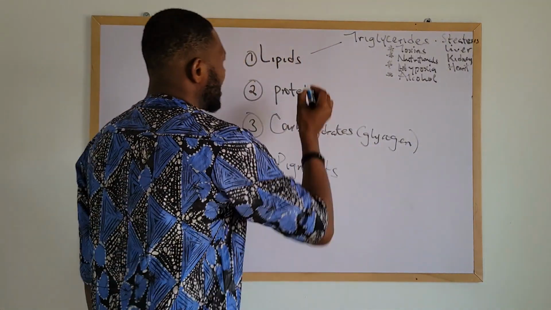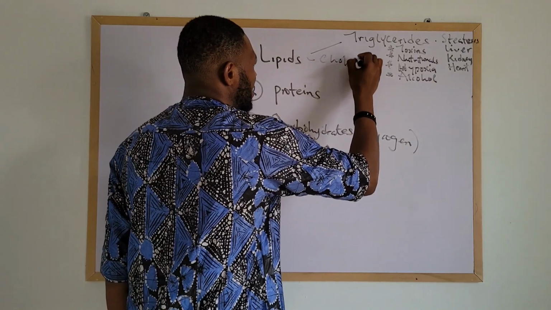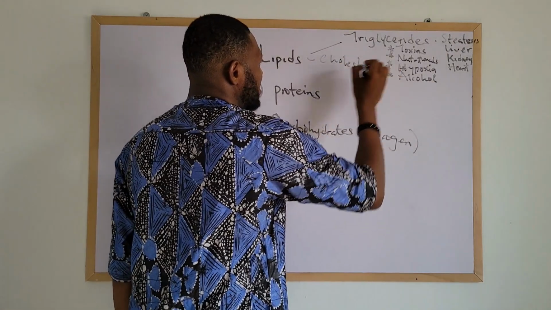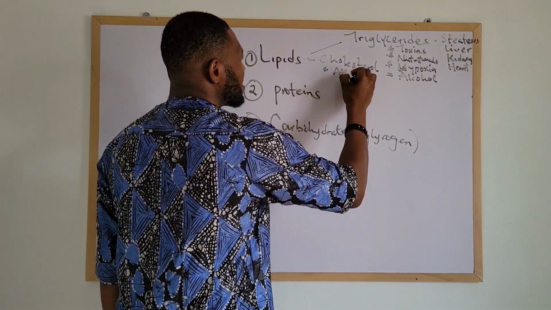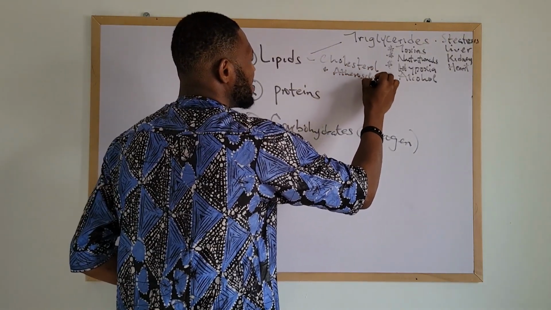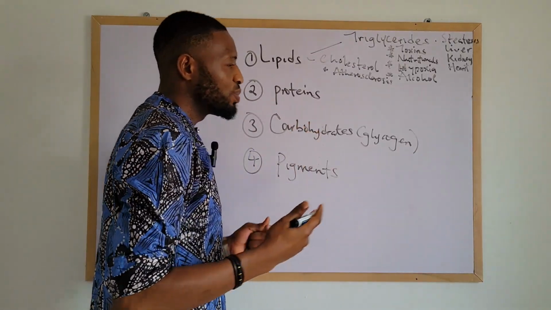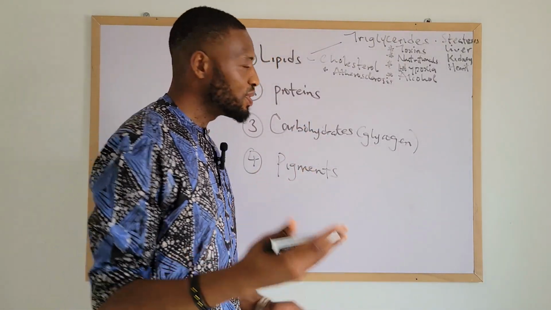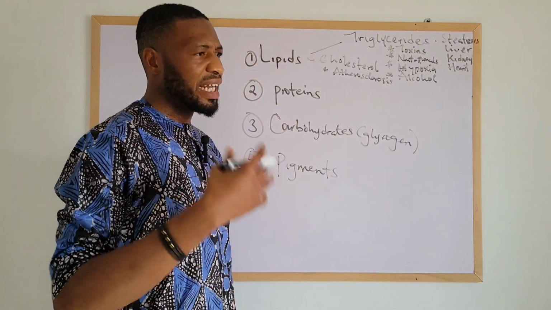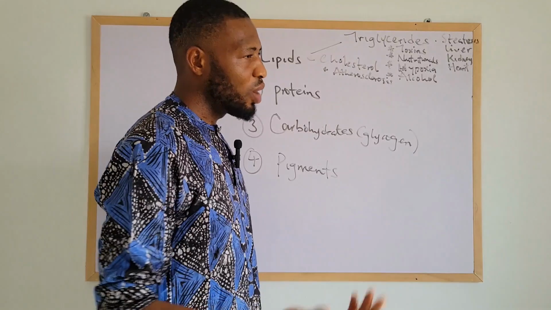Another lipid that can accumulate is cholesterol. Cholesterol can accumulate in conditions like atherosclerosis. Of course, we know that where there's cholesterol deposition after it has been phagocytosed by macrophages, it is deposited in the wall of blood vessels, and that can lead to vascular diseases, vascular occlusion.